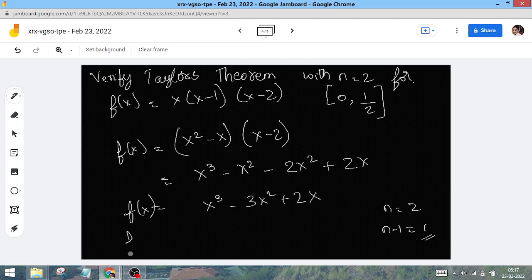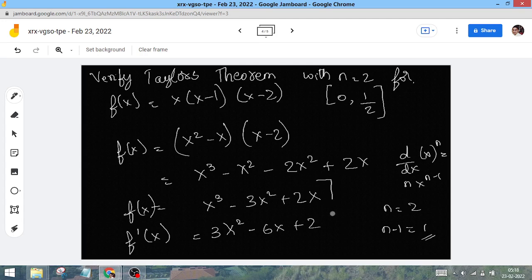So let us try finding this f dash of x, which is f power n minus 1 of x. On differentiating this equation, the differentiation of x power n equals n x power n minus 1. So the differentiation of x cube is 3x square, minus 3 into 2 is 6x, plus 2.